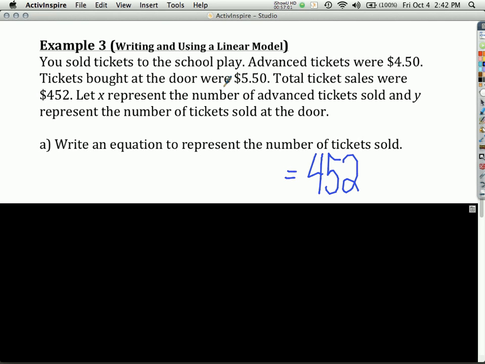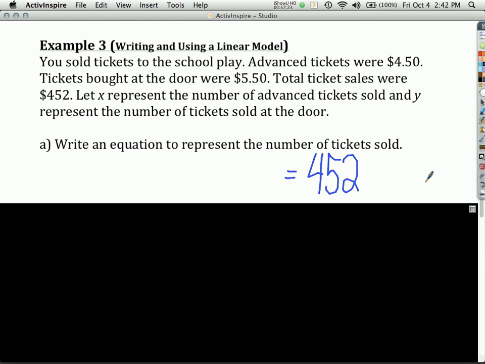So Jada, you said you had the first part. Go ahead, give it a shot. The advance tickets is $4.50 times the amount of advance tickets. Good. That was a phenomenal explanation. So how do I write it out in an equation?